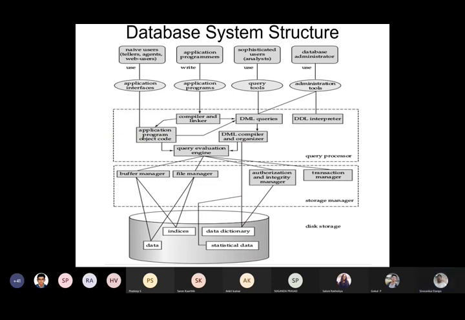So the data file is used to actually store the database. Indices are used for quick and fast retrieval of data. The data dictionary contains metadata, data about the data stored in the database. It contains the schema definition of the database.